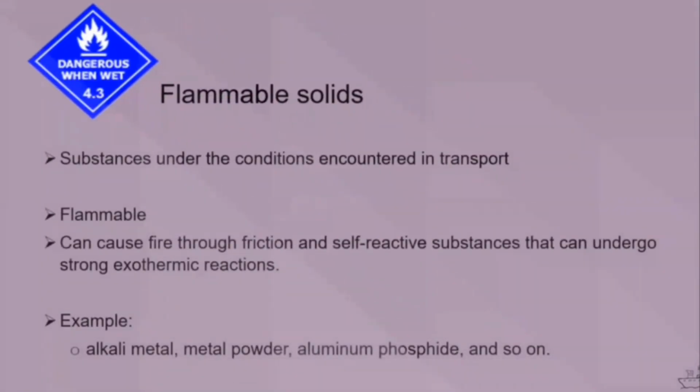And then next is flammable solids, which is a substance under the conditions encountered in transport that can also cause fire through friction, and self-reactive substances that can undergo strong exothermic reaction. Examples of flammable solids are alkali metal, metal powder, aluminium phosphide, and so on.